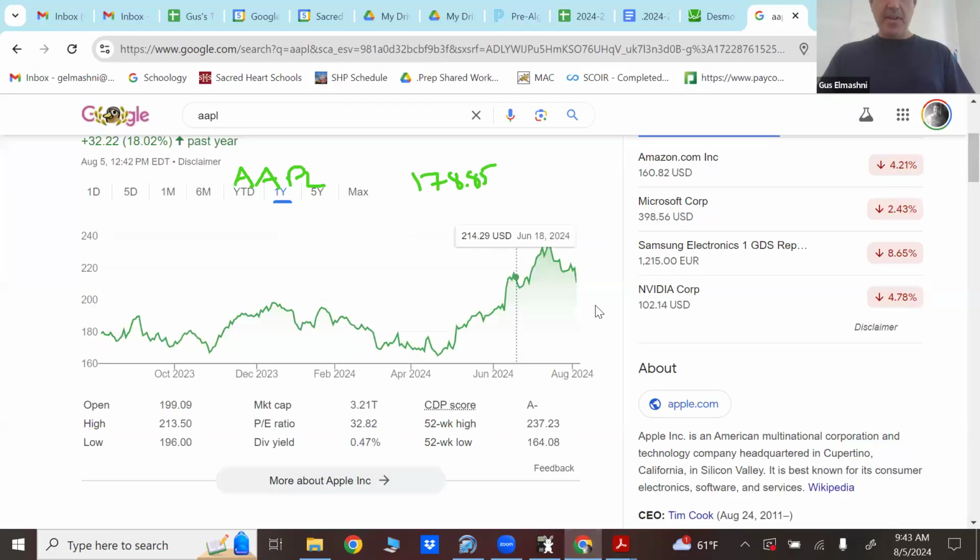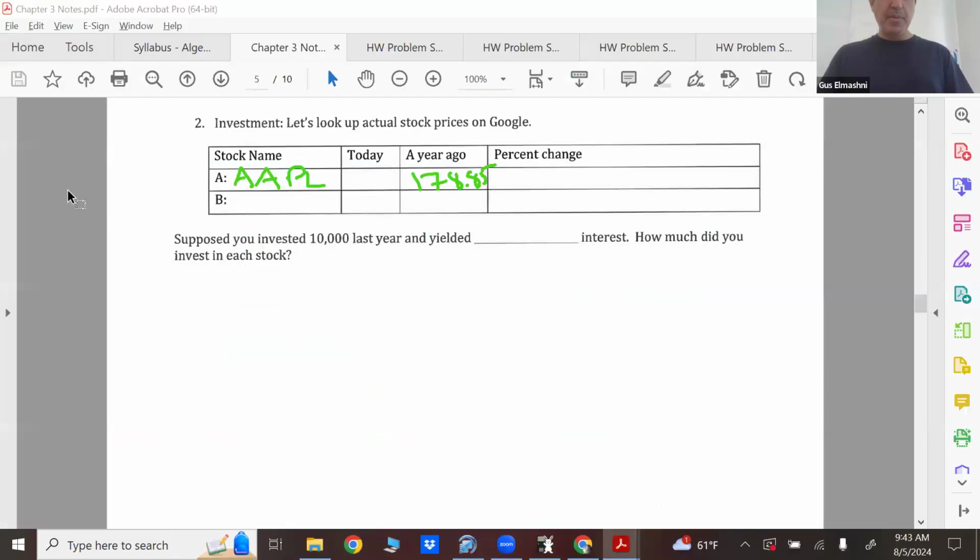Well, that pair's done well. And now it's worth 211.04. That's what it's worth right now at this moment.